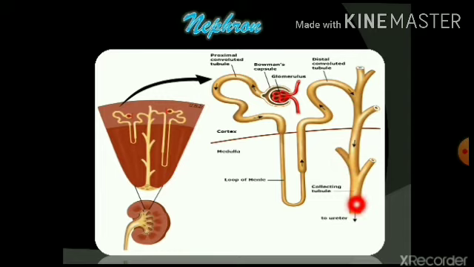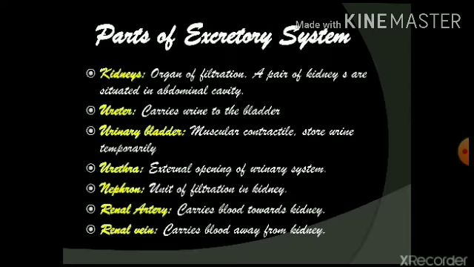This is called collecting duct, which will finally collect the urine, and the urine will be brought to the ureters and will be passed to the urinary bladder.